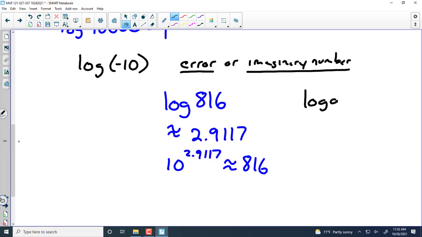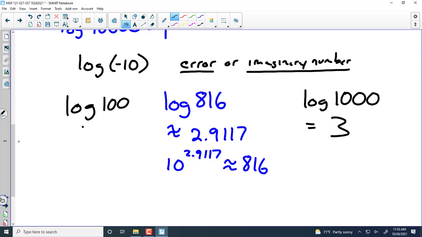What's the log, which is only spelled with one G, of 1,000? What did we say that was? Log of 1,000? 3. What's the log of 100? 2.